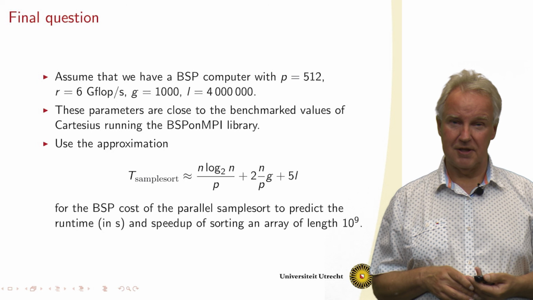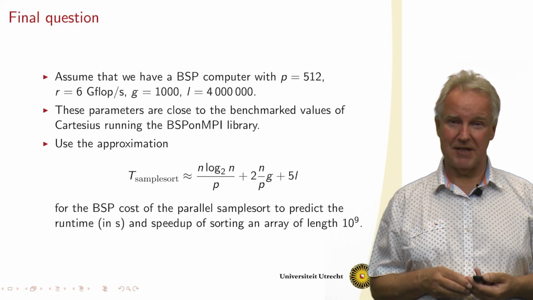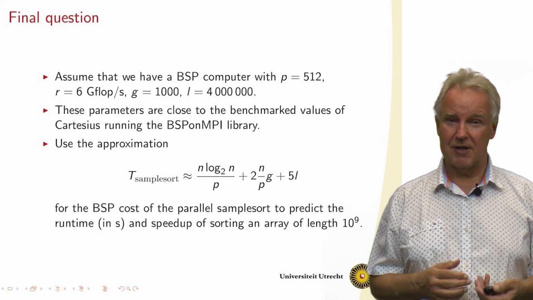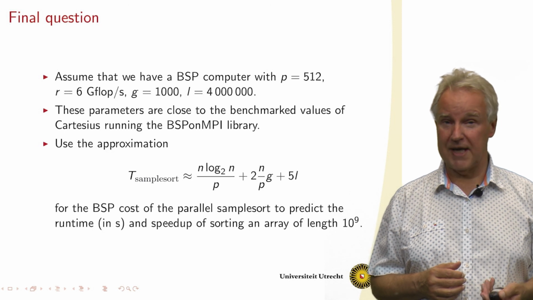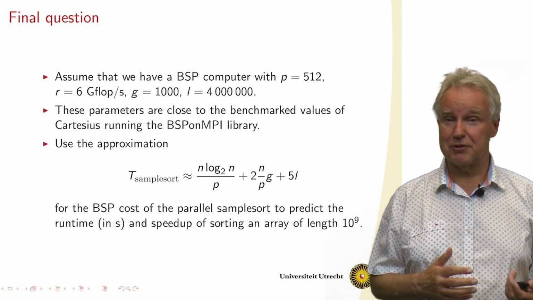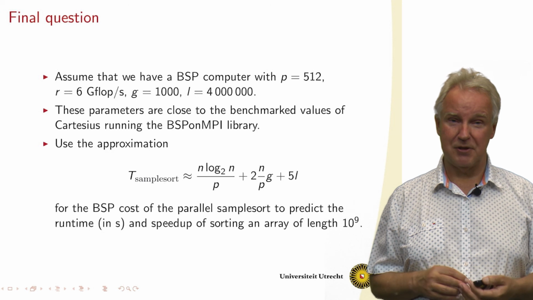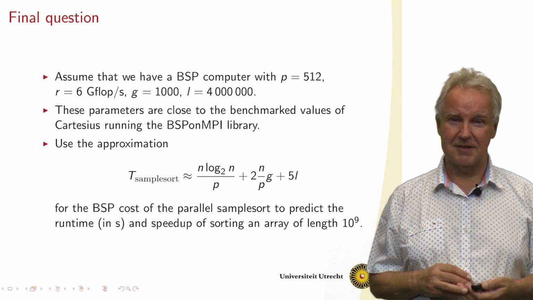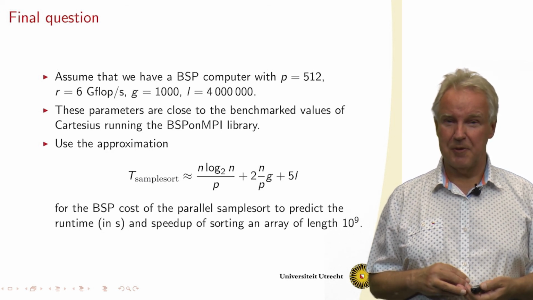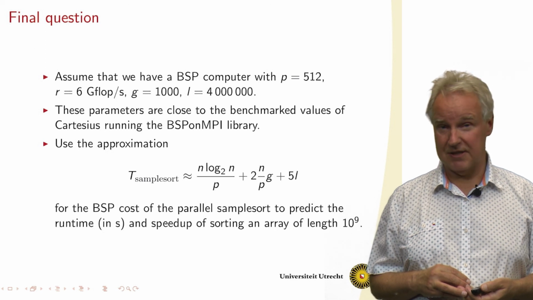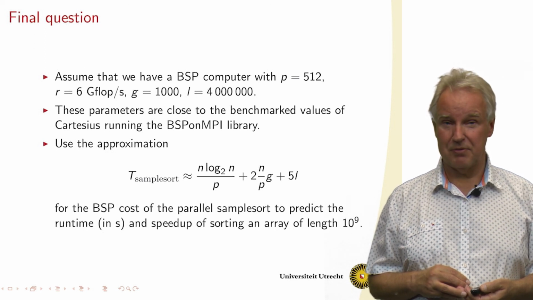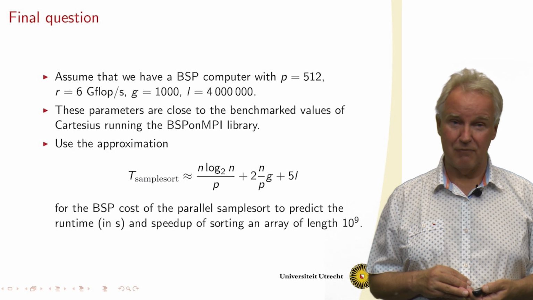You can use the most simplified approximation, n log n divided by p plus 2n divided by p times g plus 5l for the BSP cost of the algorithm. And we would like then to know what is the runtime in seconds and the speedup of sorting an array of length 10 to the power 9, 1 billion.